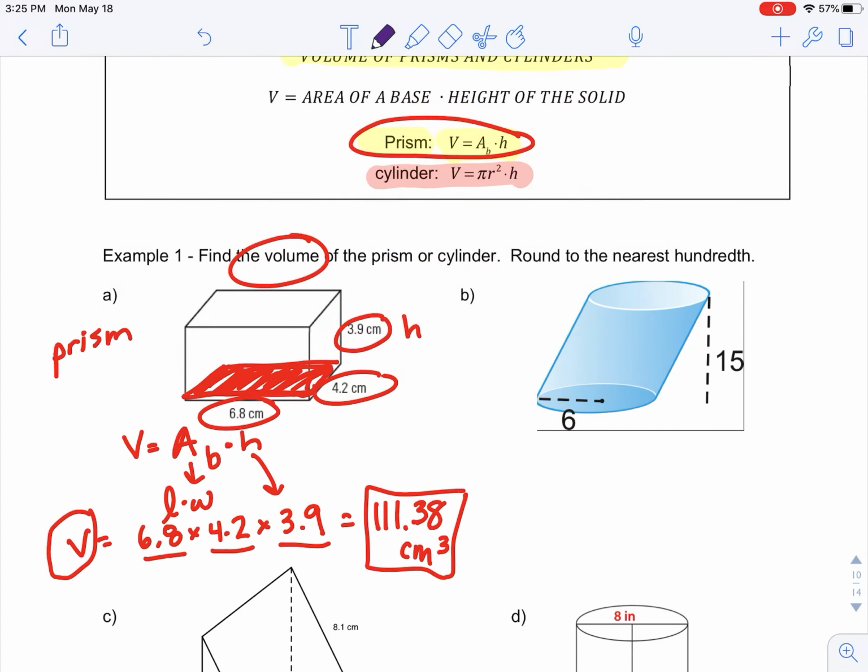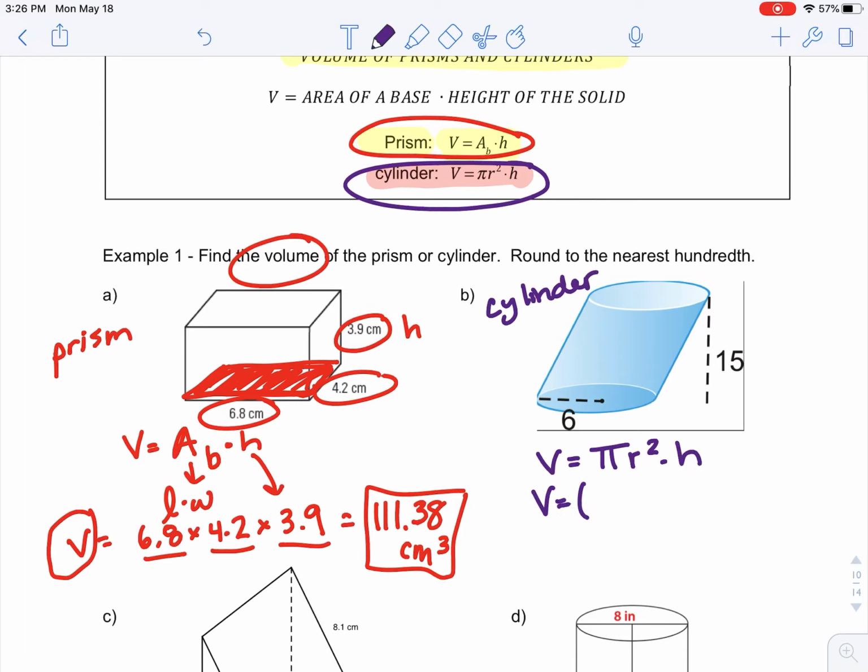All right, this is a cylinder. So for the cylinder, I use this bottom formula. Volume equals pi r squared times h. All right, so we know pi is 3.14. This number down here is my radius because it's half of the diameter of that circle. So that's 6 squared times the height, which is 15.